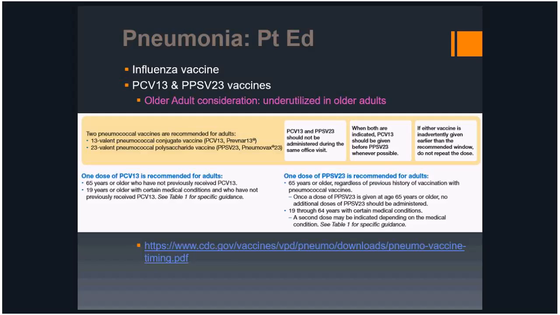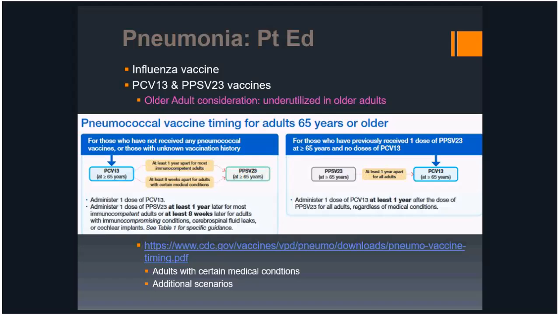And it also gives you the information, because typically it is 65 and older, but for persons who are 19 and older and have certain medical conditions, we need to make sure that that vaccination is considered for those persons as well. So do refer to this as a guide for vaccine considerations. And again, this gives you information about the timing for adults that are 65 and older when it comes to those two vaccines. How much time should be in between those two and who should be getting them.